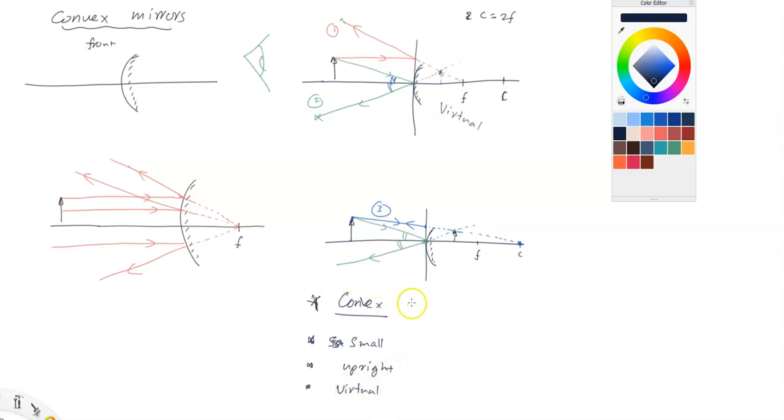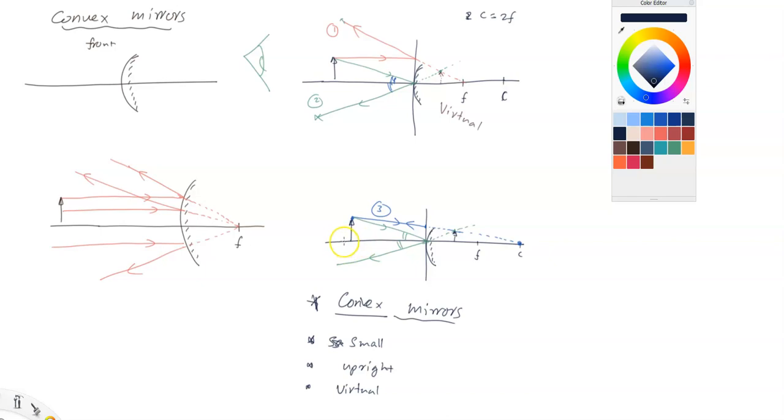When it comes to convex mirrors, there are no variations like concave. In concave, based on where you place it, it makes different kinds of images, right? They can be big, they can be upright or upside down, big or small, real and virtual. But it doesn't happen with convex. It's always small, always upright, always virtual.